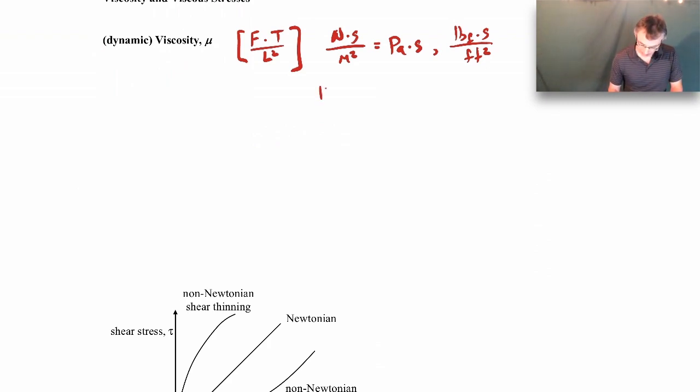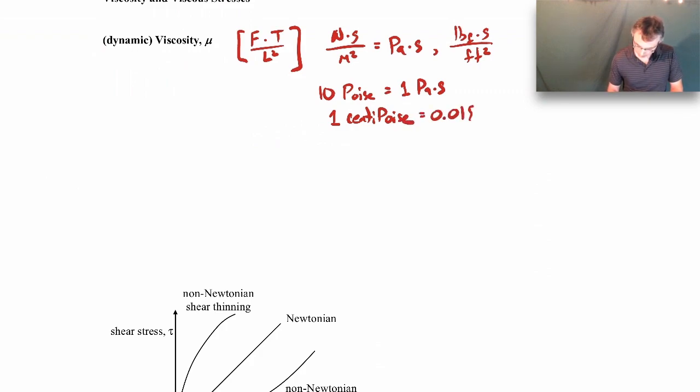Another very common unit is the poise. 10 poise is 1 Pascal second. And 1 centipoise, another common unit, is just 1/100th of a poise, of course.